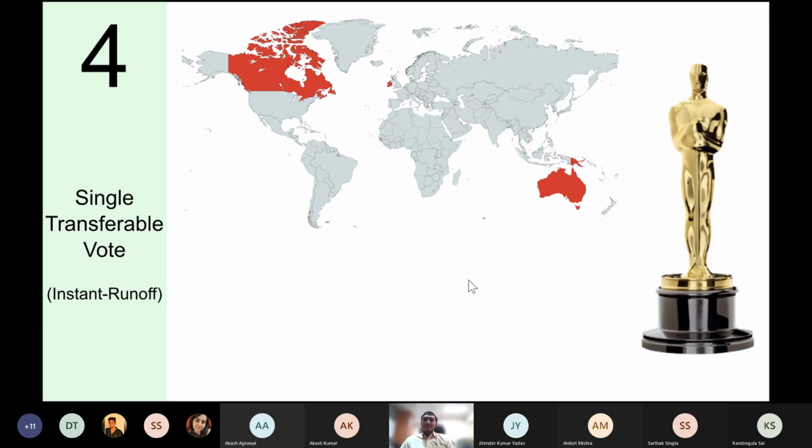Yeah, Sai, you have a question. Ties in the single transferable vote, how would you eliminate when there are ties? Like I said, today I'm sort of turning a blind eye on tie breaking. There can be many ways of breaking ties, right?